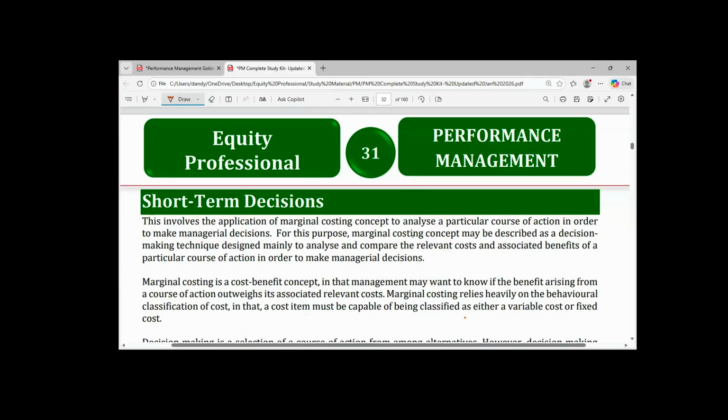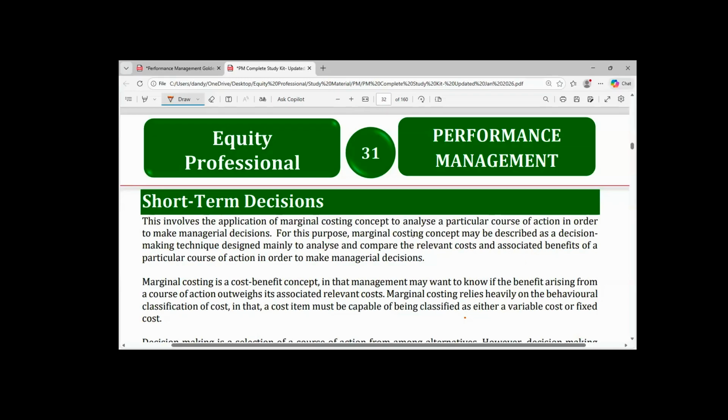On the flip side, relevant costing principle will be applied in this circumstance in making managerial decision by taking into consideration all the costs that are relevant to the decision that is to be made, which means that any cost that is not related to the course of action will not be considered when making the managerial decision.